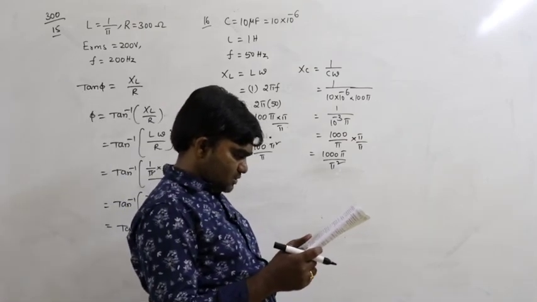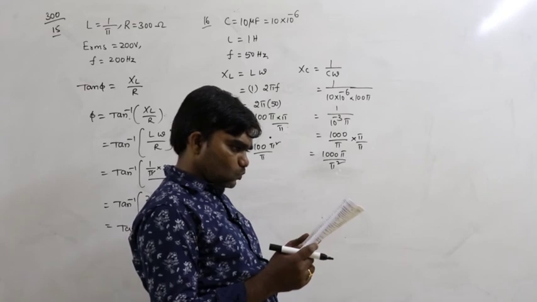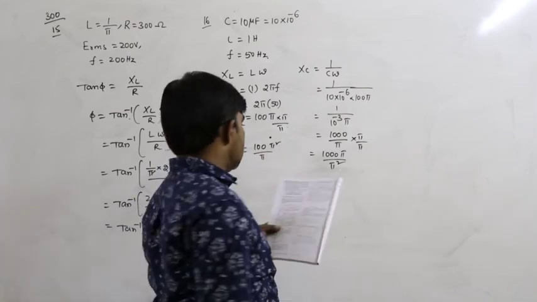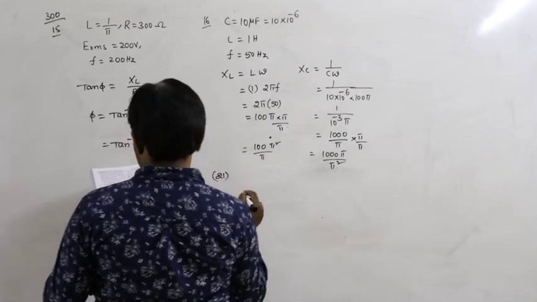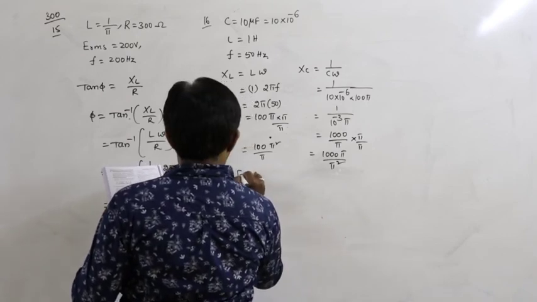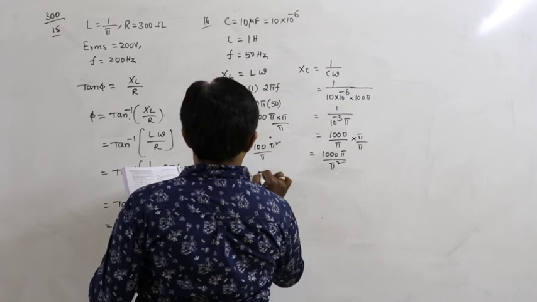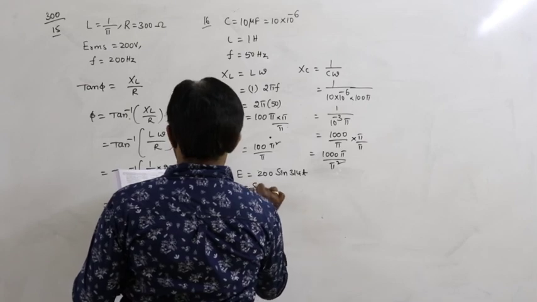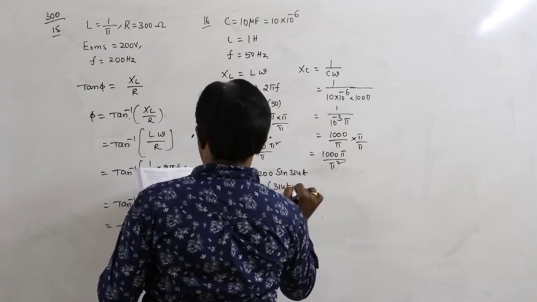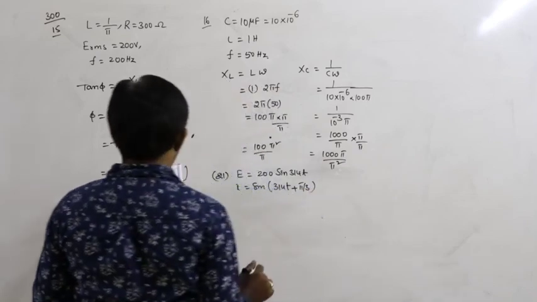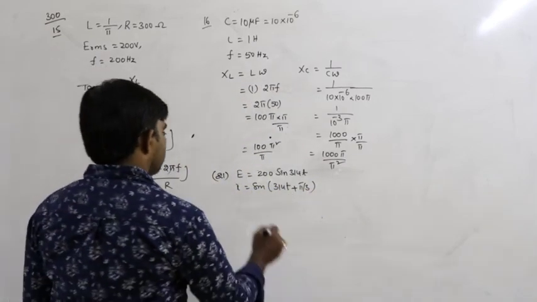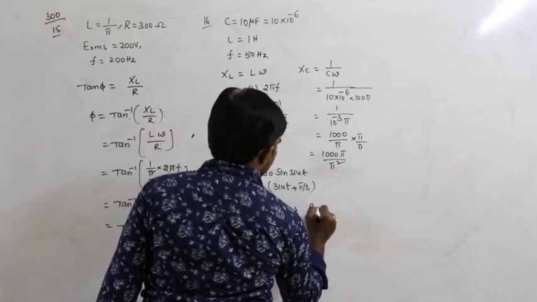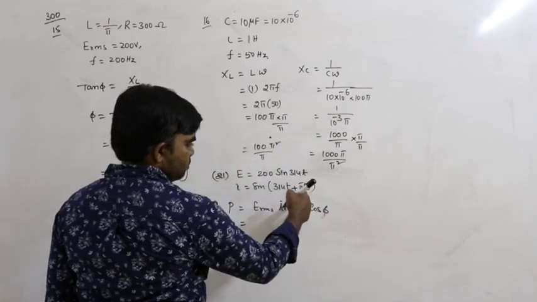Next, see the 21st question, a simple way. E equals 200 sine of 314t and I equals sine of 314t plus pi by 3, in amperes. The average power consumed is E RMS into I RMS cos phi. The phase difference between these two is pi by 3.